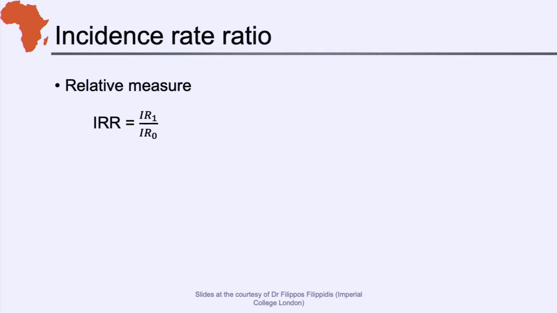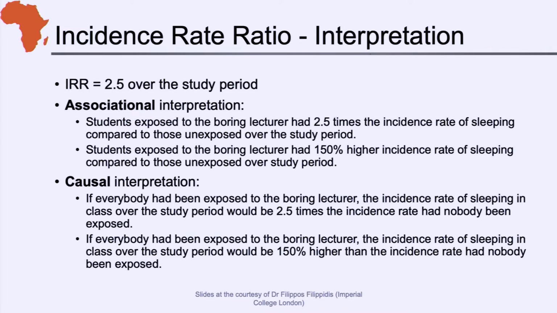The incidence rate ratio is again similar to the cumulative incidence ratio, where we have the incidence rate among those that are exposed over the incidence rate among those that are unexposed. So if the result was 2.5 over the study period, then we could say that the students that were exposed to the lecturer had 2.5 times the incidence rate of sleeping disorder compared to those unexposed, or 150% higher incidence rate of CSD compared to those unexposed.